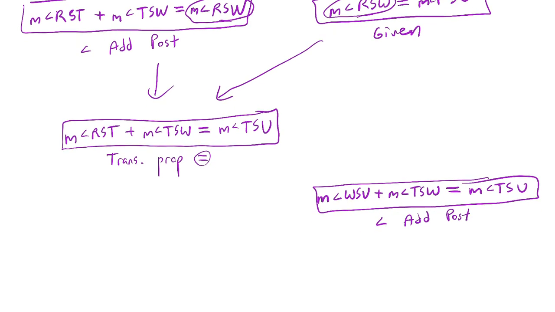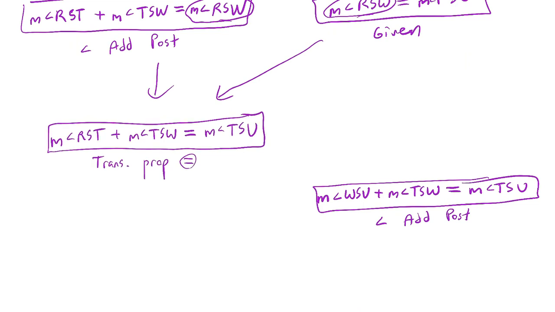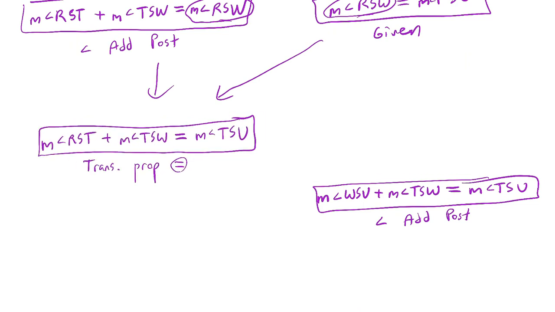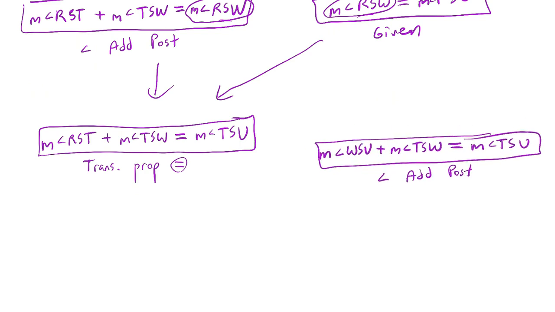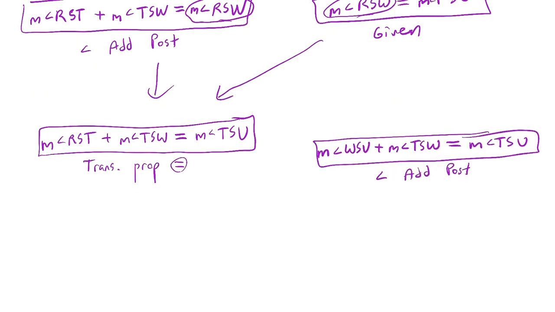Well, now we've got two different things that add up to TSU, right? We've got this is TSU, and we've also got this is TSU, and I'm pulling this in now that I need it. It doesn't come from anywhere other than the diagram.